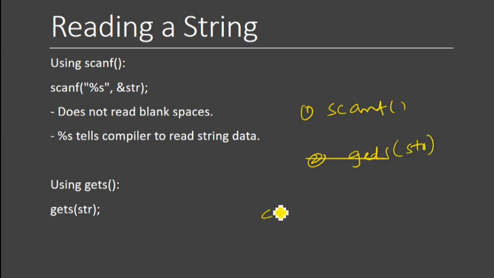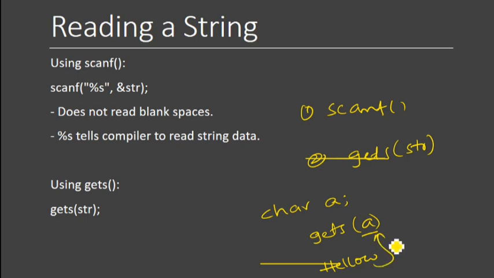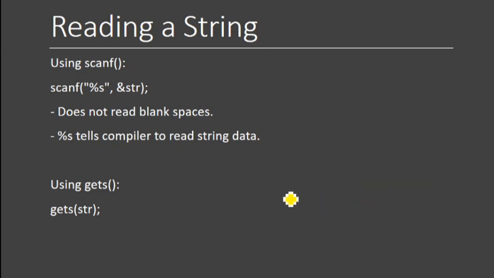For example, I am declaring here character a. Gets a, the string name you should write here. Whenever you enter anything from the keyboard, suppose I'm entering hello, automatically it is going to load into the variable a. Sorry, size must be mentioned. I'll write once again, character a of 10.